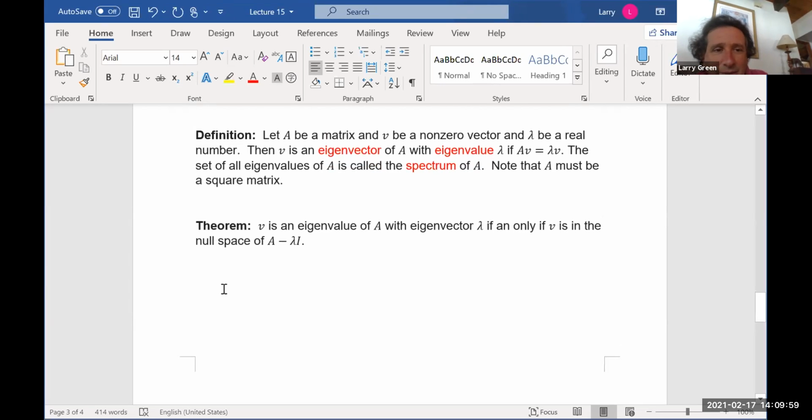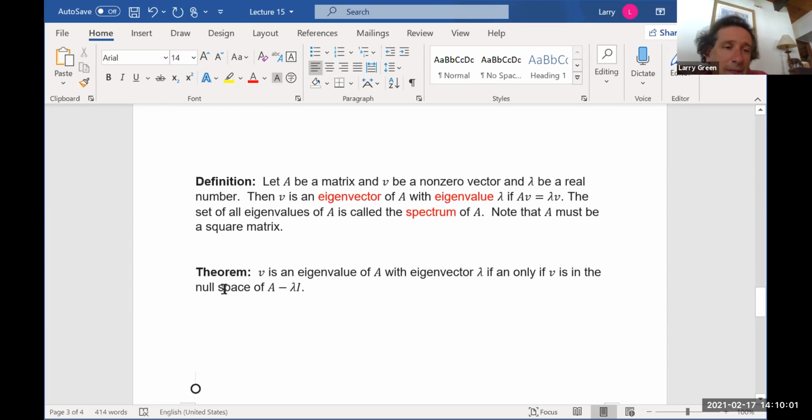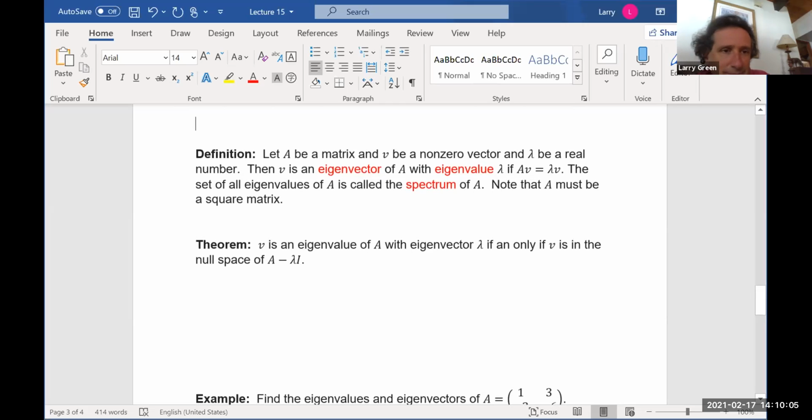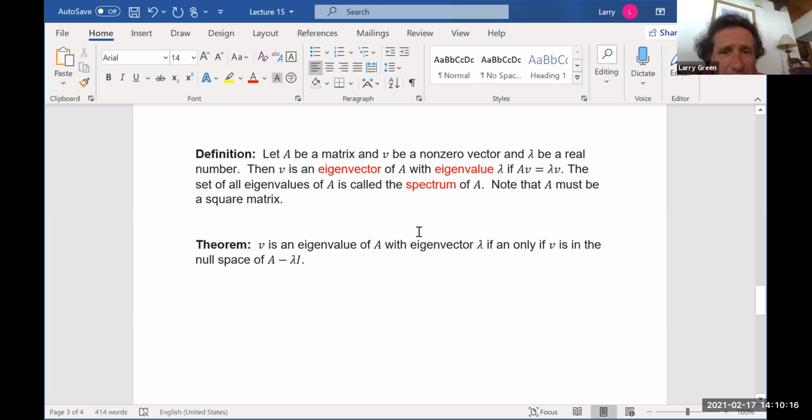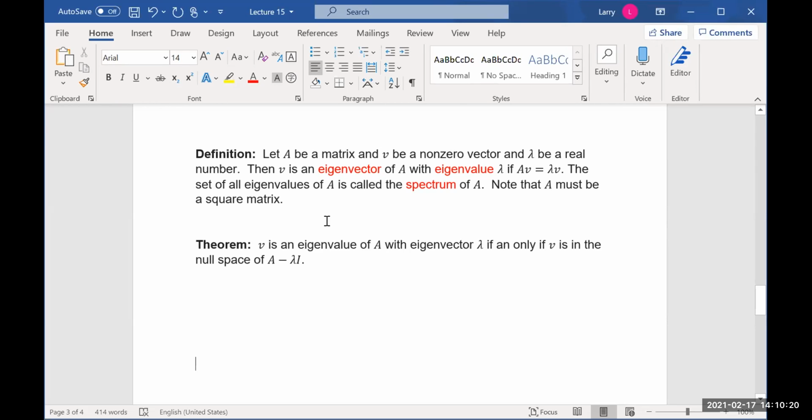Any thoughts of what we need to do? We need to prove that the determinant of A minus lambda I equals 0. Yeah, we don't really have a T here. A is the linear transformation in this case.